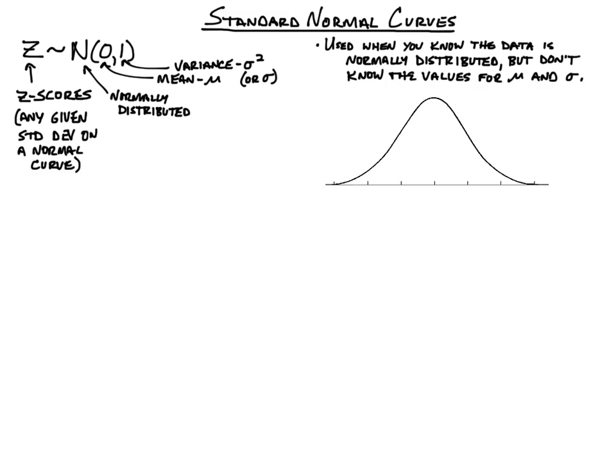Alright, so let's look at a curve. If we label it as we normally do, we put the mean in the middle, and then we count up our standard deviations on the right and count down our standard deviations on the left. We have a nice number line here representing our standard deviations. With the standard normal curve and this Z notation, we're assuming our mean to be 0 because we don't know what the values for the mean and standard deviation are.